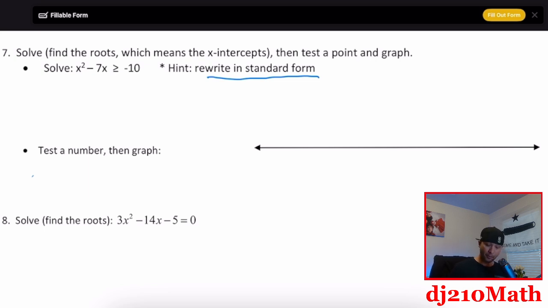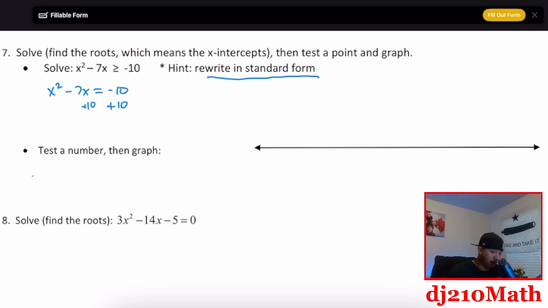So for the moment, I'm going to rewrite this as equals negative 10, right? I don't care about the greater than or equals. Leaving it as greater than or equal kind of leads to issues if you don't understand what's going on. So if you just rewrite it for a moment as equals and then start solving this as you would any quadratic, I'm going to add 10 to both sides.